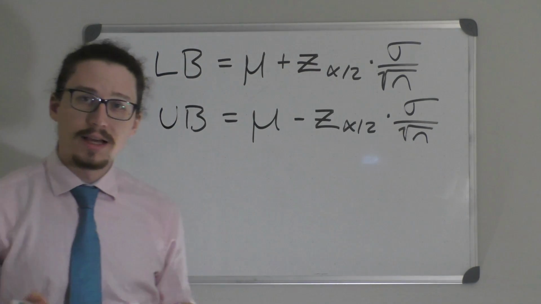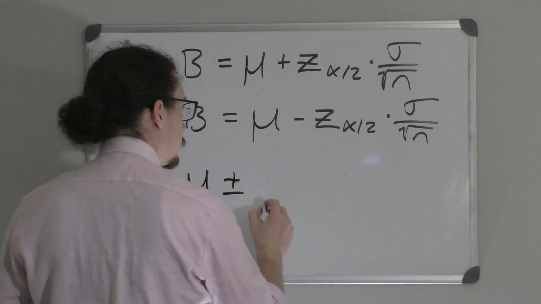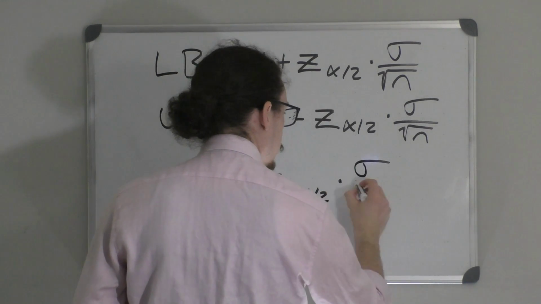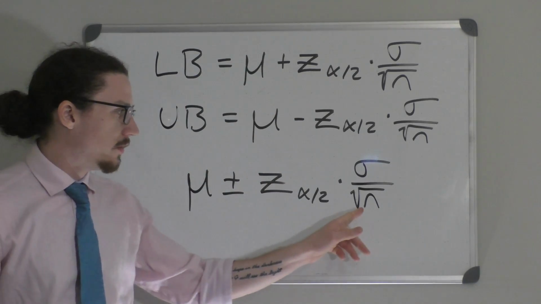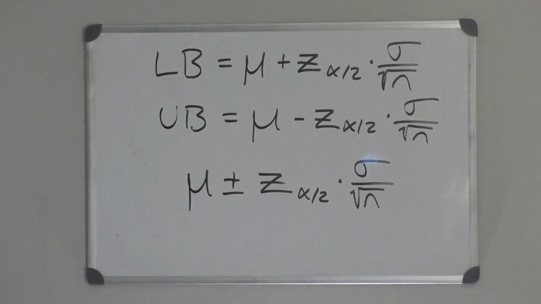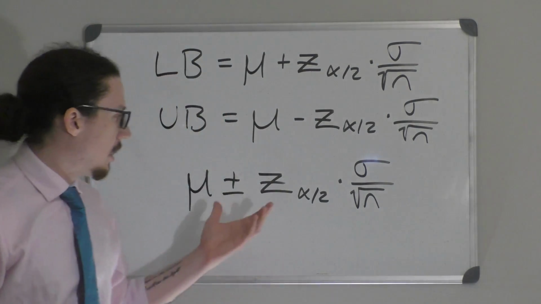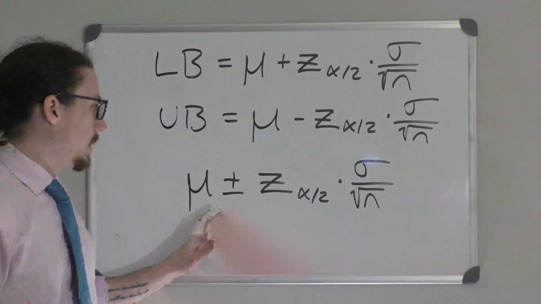So this is our lower and upper boundary, and a lot of times it's going to be written all together: mu plus or minus z alpha divided by 2 times sigma over the square root of n. So this is our interval. This is what we've been looking for. We're not quite done, but we're very close.